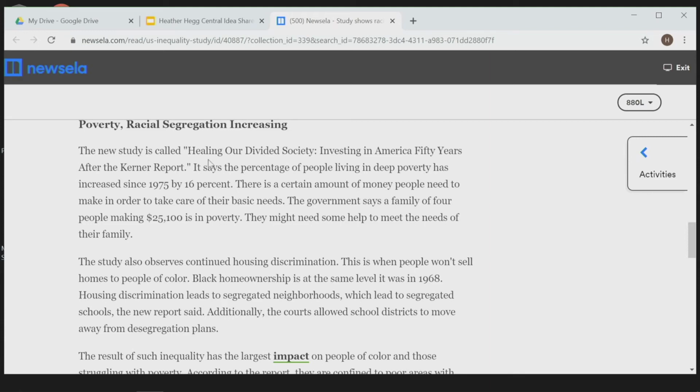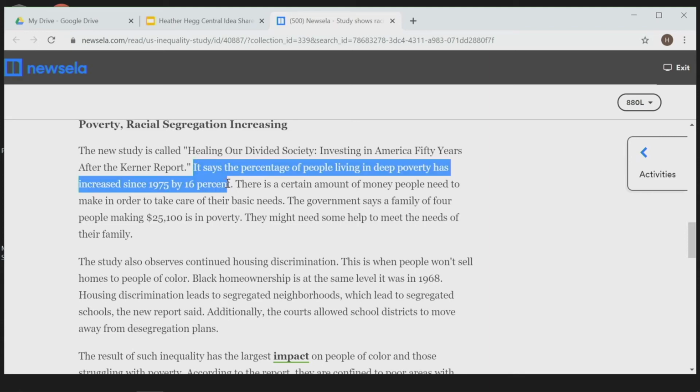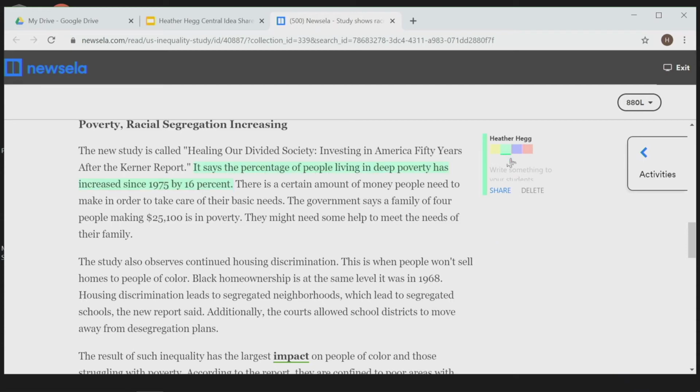After you've read it, I'm going to highlight this sentence. The percentage of people living in deep poverty has increased since 1975 by 16%. That definitely supports my central idea. So I'll highlight this as one of those details.